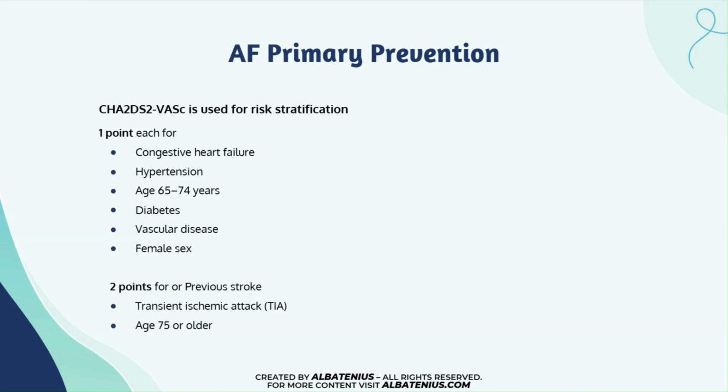For example, we will give 1 point for each of the following: congestive heart failure, hypertension, age between 65 and 74, diabetes, vascular disease, and female sex. We will give 2 points for each of the following: if the patient has previous stroke, or transient ischemic attack, or the patient is 75 years or older.